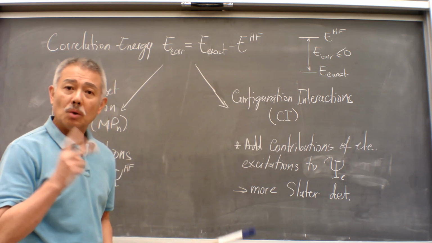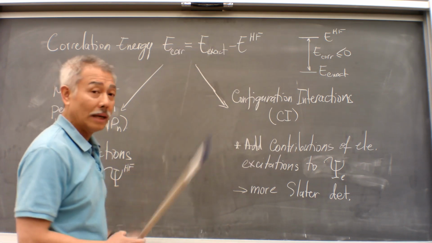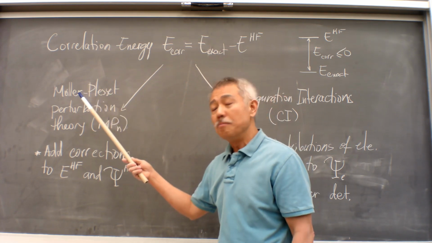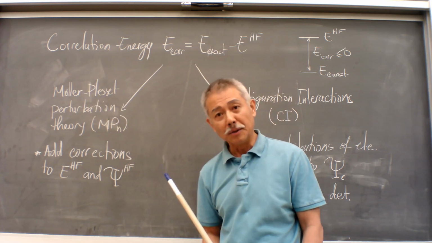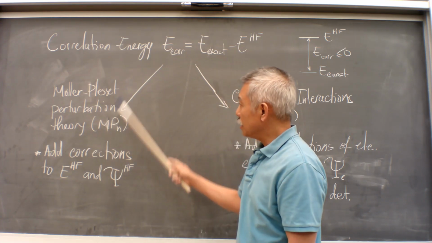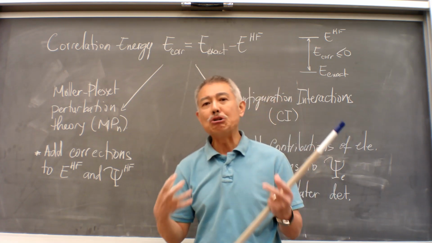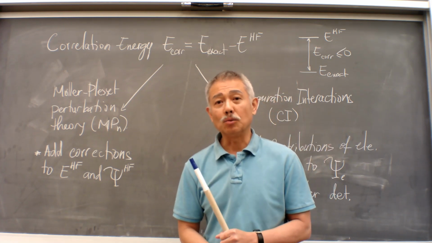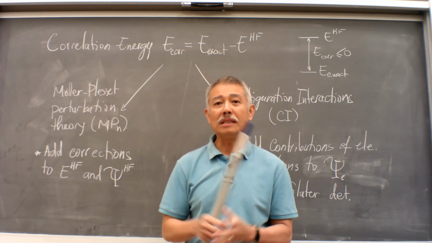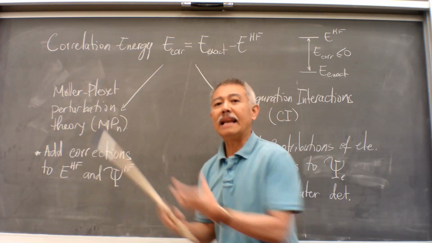There are two ways to calculate the correlation energy. One is to use Moller-Plesset perturbation theory, or MPn. Moller-Plesset perturbation theory assumes that you get pretty good wave functions and energy from the Hartree-Fock theory, leaving small corrections that you can calculate and add to it.